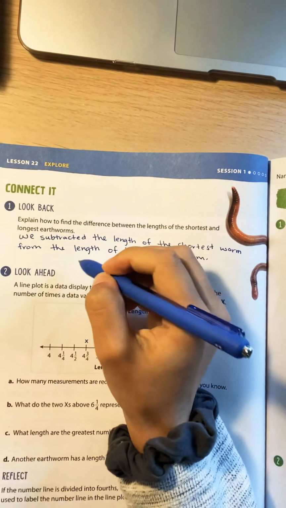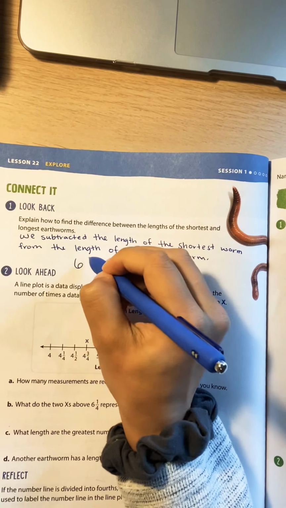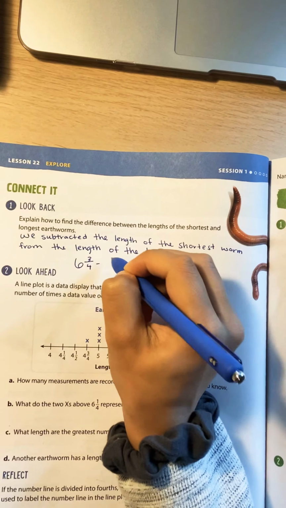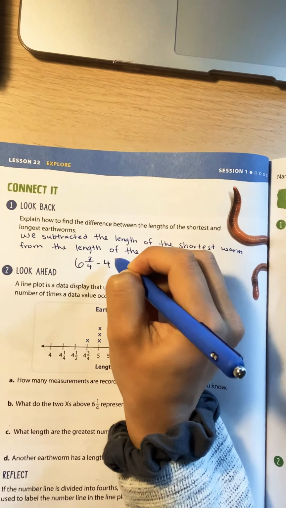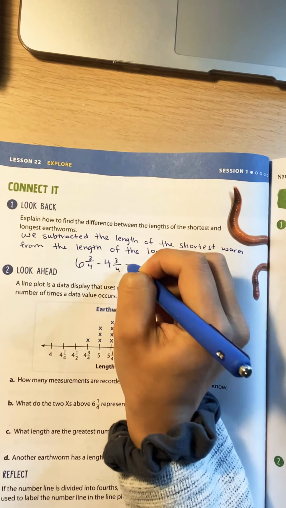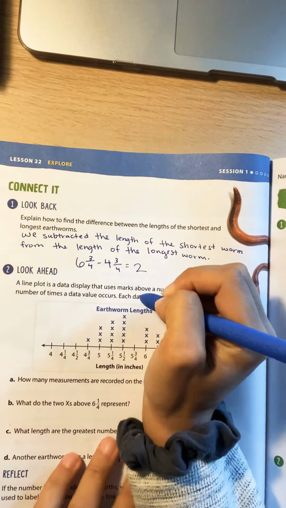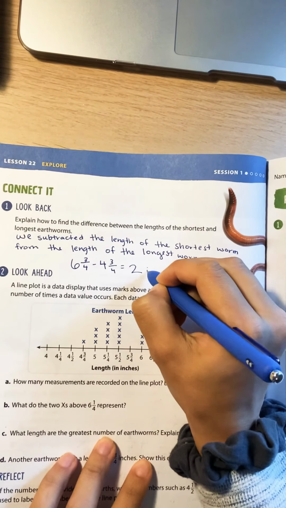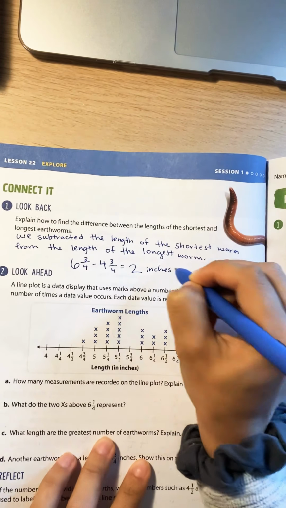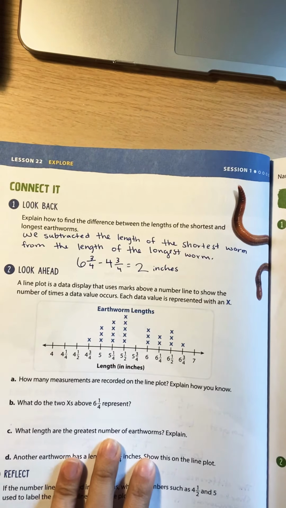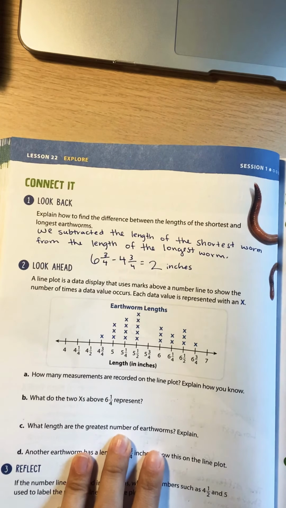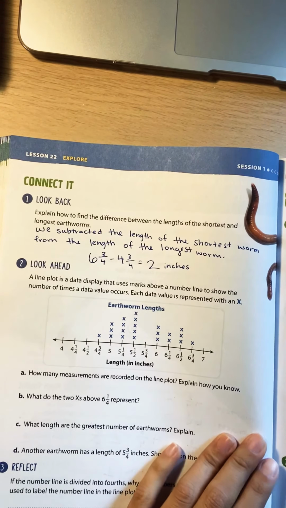And then just to show the equation I did, it was 6 3/4 minus 4 3/4 equals 2. I'll say 2 inches. Just label my equation. Okay, so pause there if you need to catch up a little bit.